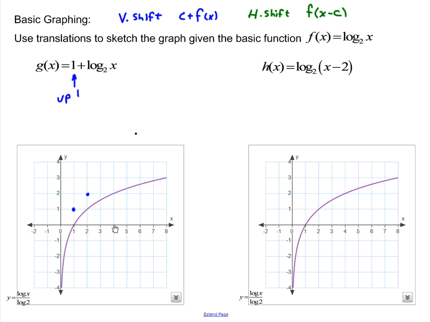Likewise, at x equals 4, we would have found that y was equal to 2, so now y is equal to 3. Instead of passing through the point 8, 3, it would have passed through the point 8, 4. Instead of passing through the point 1/2, negative 1, it'll pass through the point 1/2, 0, and so on down the line.